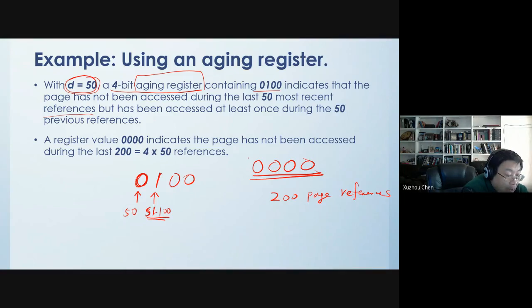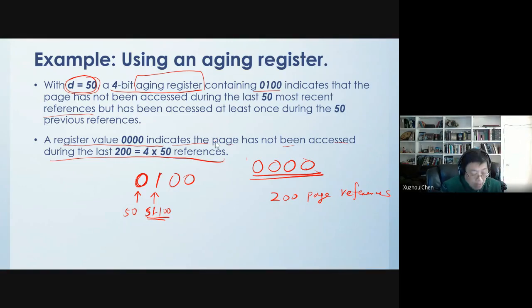If the page has 4 zeros with D equals 50, that means during the last 200 references, the page has not been accessed or referenced. So that's what this means: it indicates the page has not been accessed during the last 200 references.